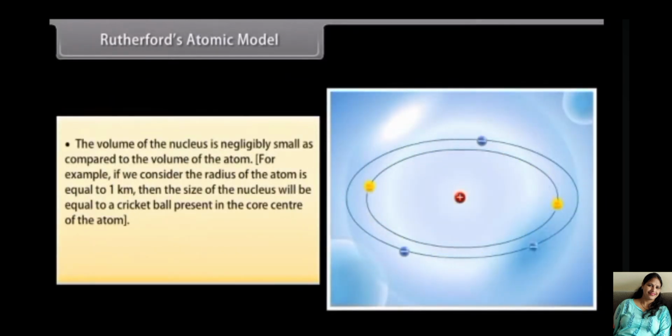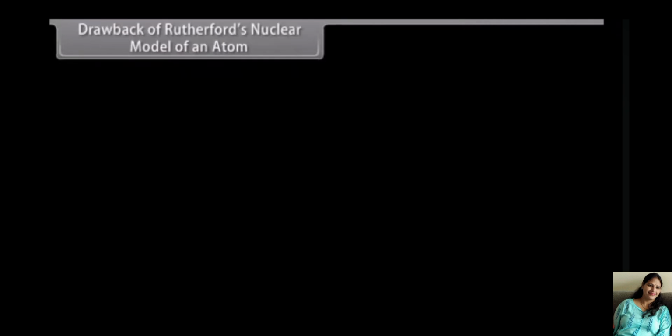The volume of the nucleus is negligibly small as compared to the volume of the atom. For example, if the radius of the atom is 1 kilometer, then the nucleus will be the size of a cricket ball at the center of the atom. Hence, most of the space in the atom is empty. This is the conclusion of Rutherford's experiment.